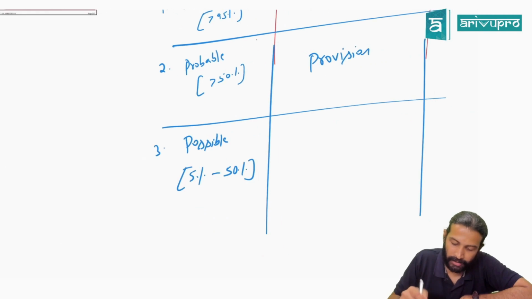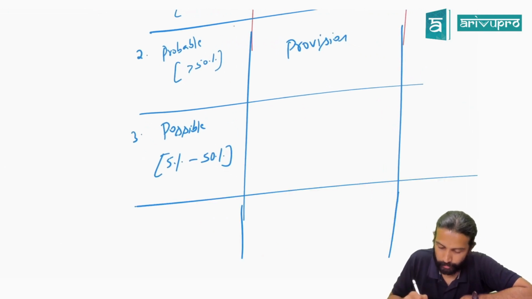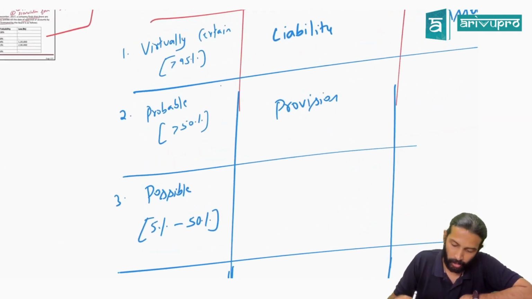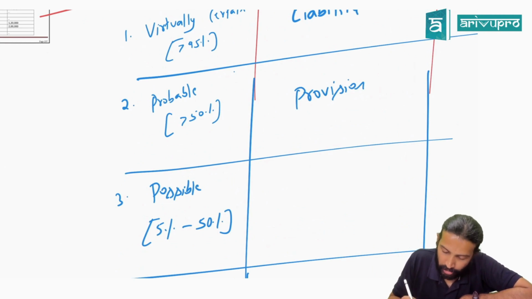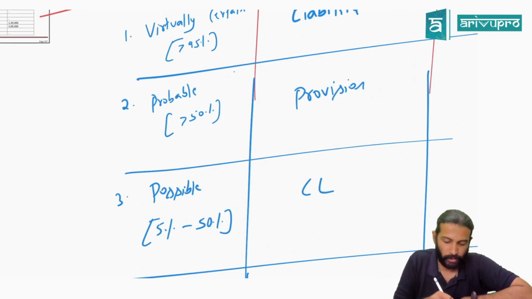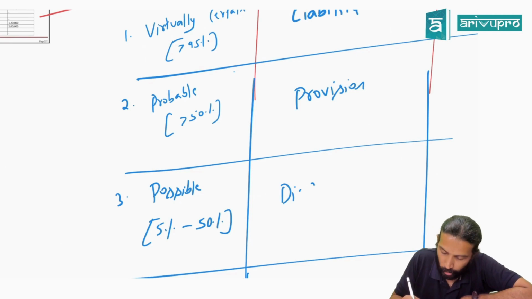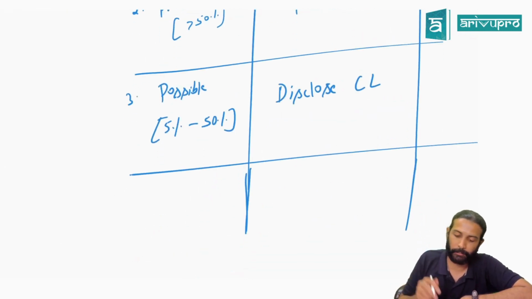This is there as per CA final syllabus, Ind AS, that I'm giving you, just for your reference. Possible obligation means, for possible obligation, what do we do, sir? We disclose what? We disclose contingent liability. So you can write it as disclose contingent liability.